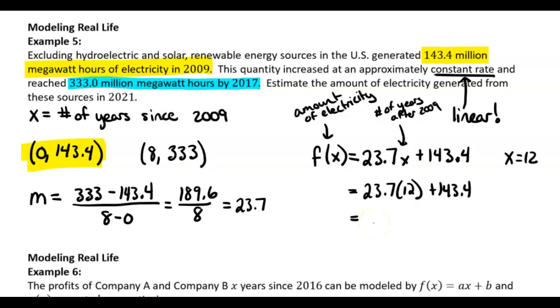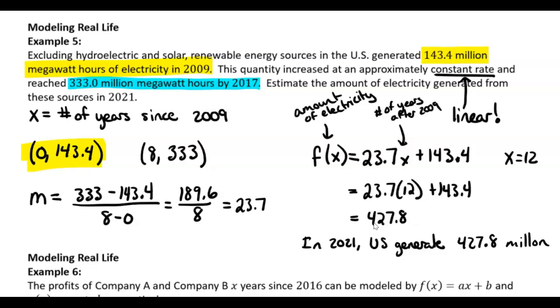So I take 23.7 times 12 plus 143.4, and I get 427.8. What that means is in 2021, the US should generate 427.8 million megawatt hours of renewable energy.